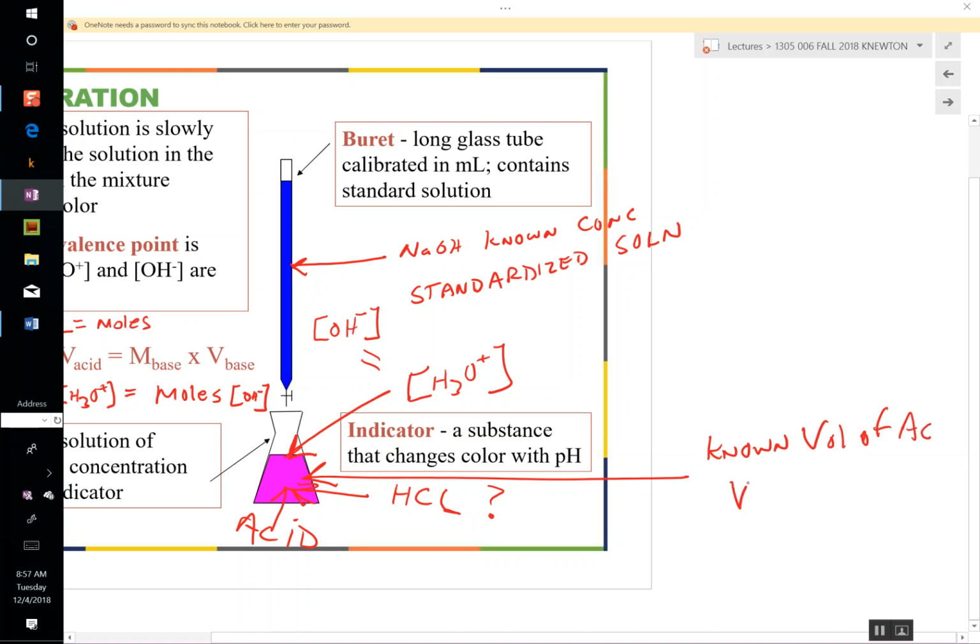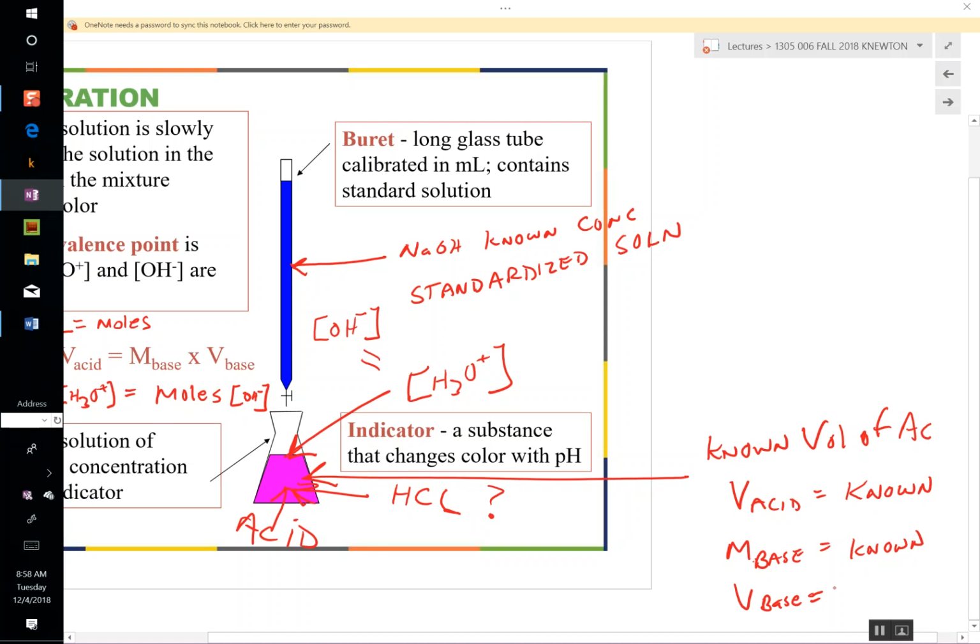So the volume of the acid is known. The sodium hydroxide solution, the molarity of the base is known. The volume of the base, that's why you're working in a burette.